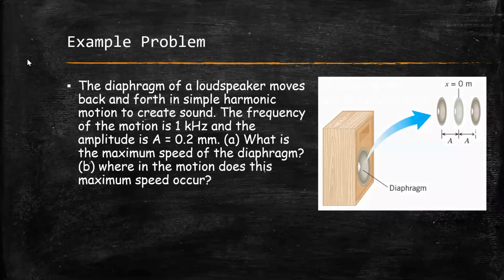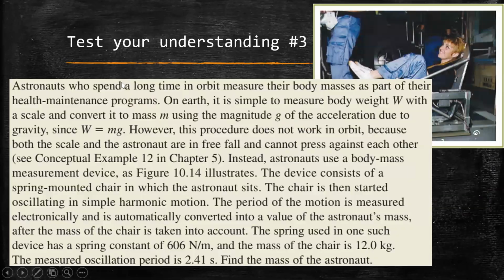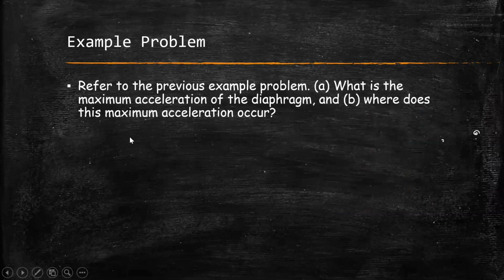Okay, so let's have another example. Oh, sorry. Let's refer to the previous example problem. What is the maximum acceleration of the diaphragm, and where does the maximum acceleration occur?